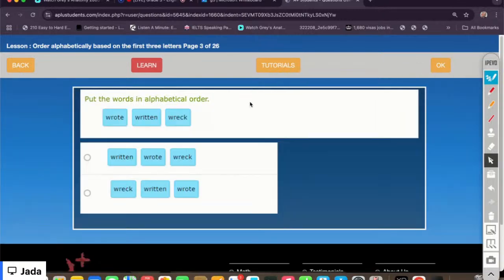All right, so we have wrote, written, and wreck. So what is the right order for this? They all have W and then R. So what's the right order?